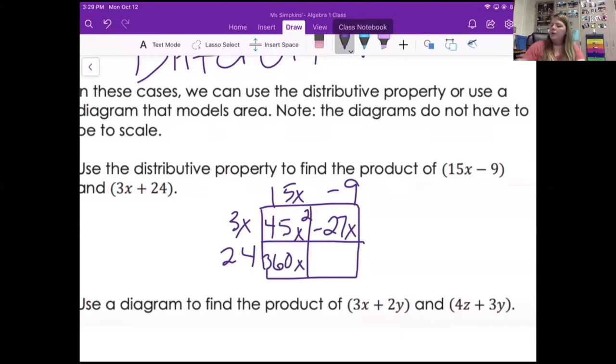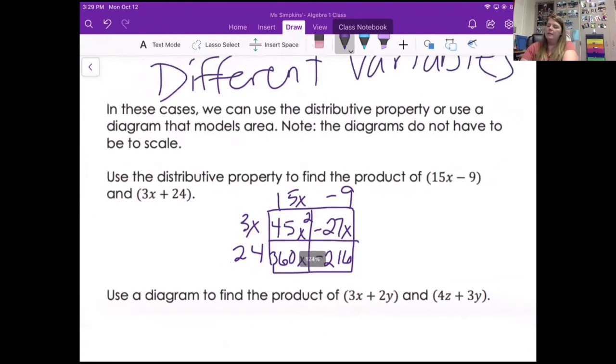And then you're right, Thorn, 24 times negative 9 is negative 216. So all we did was multiply the terms that were together for each of the boxes.